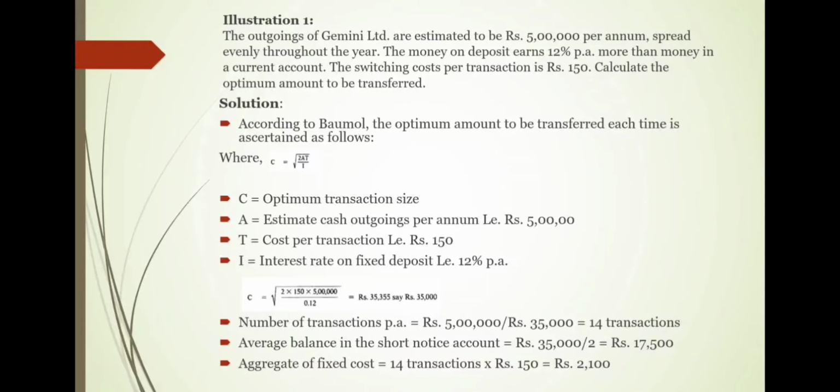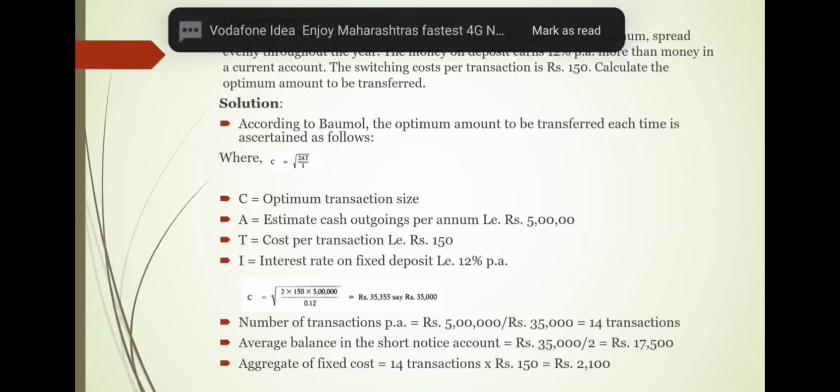I is the interest rate on fixed deposit, that is 12% per annum, which will become 0.12. So C is equal to the root of 2AT divided by I. The working is below in the solution; I have included the image there.